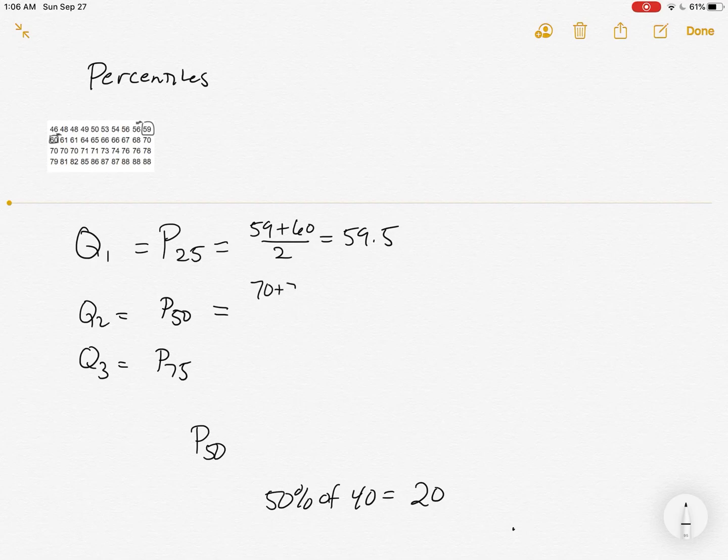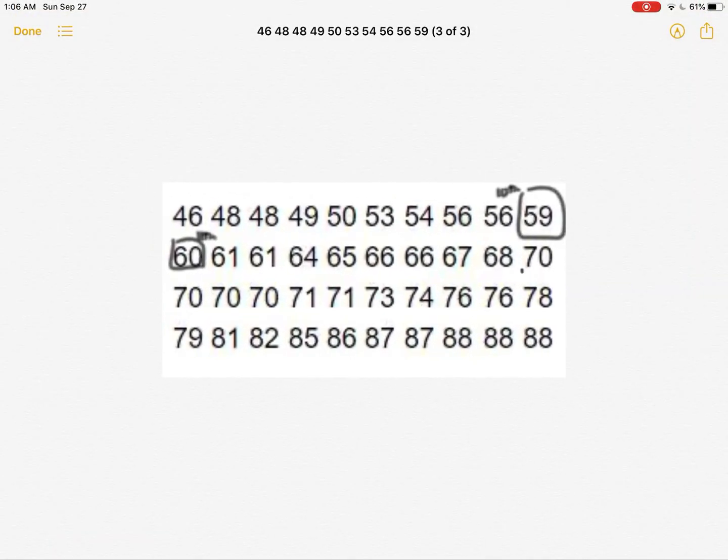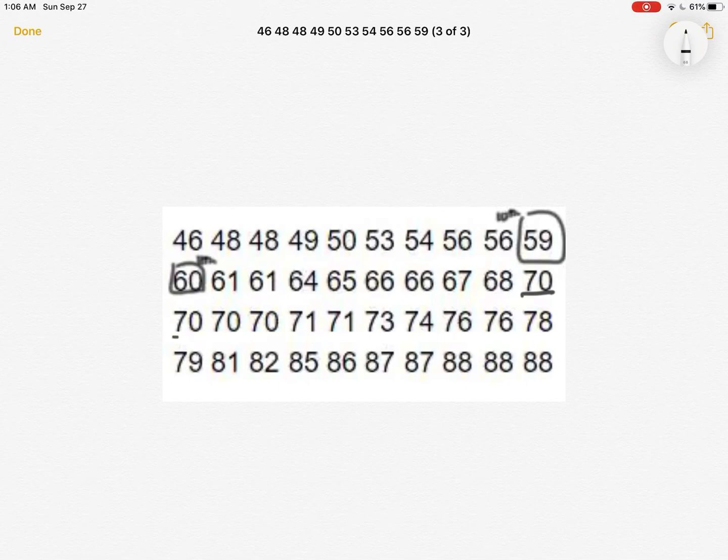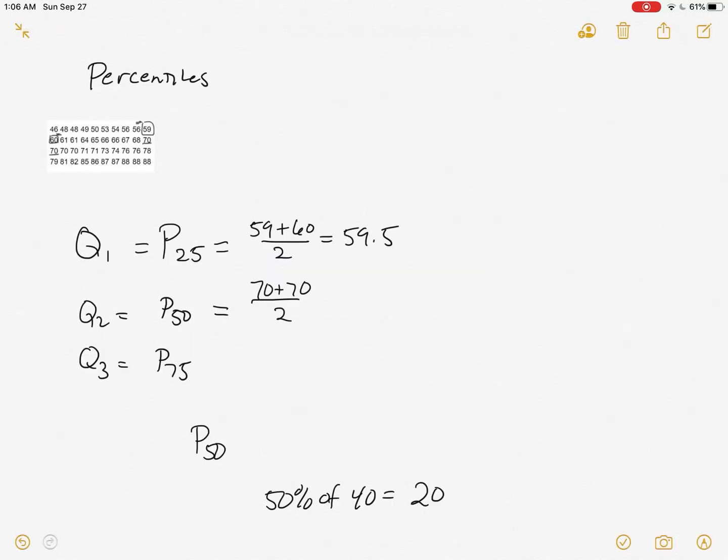So that's a 70, and the next one's a 70, divided by 2. So this right here that's underlined is the 20th data value, and this is the 21st data value. 70 plus 70, which happens sometimes, divided by 2 is 70.